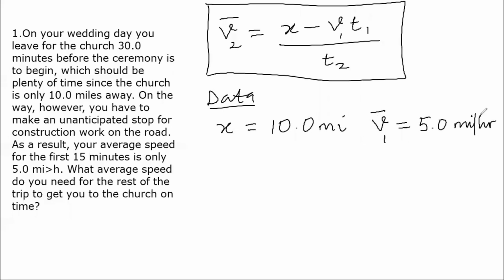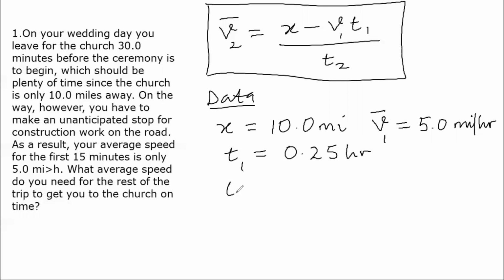And then what else are you looking for? You're looking for T1. T1, we had actually computed. If you remember very well, we found that it was 0.25 hours. And then T2, how are we going to compute T2?